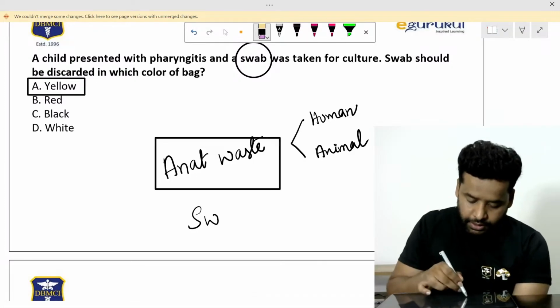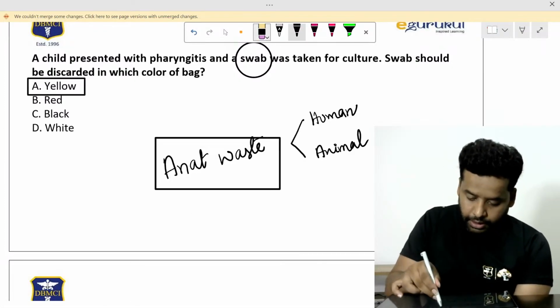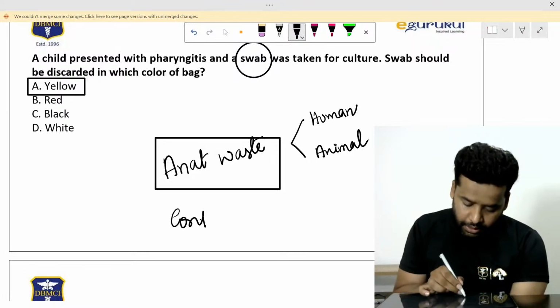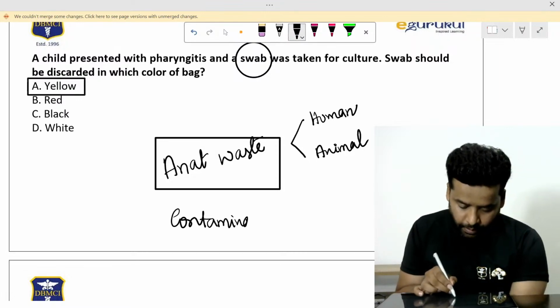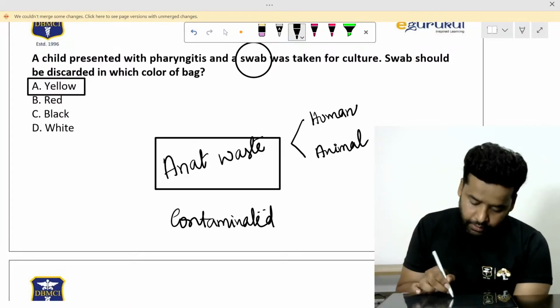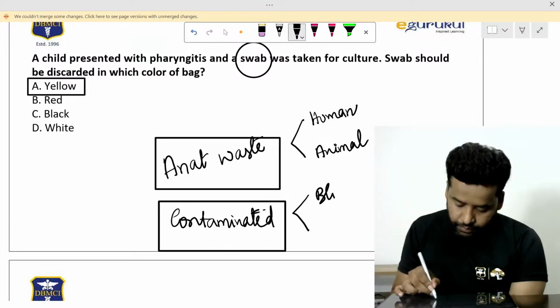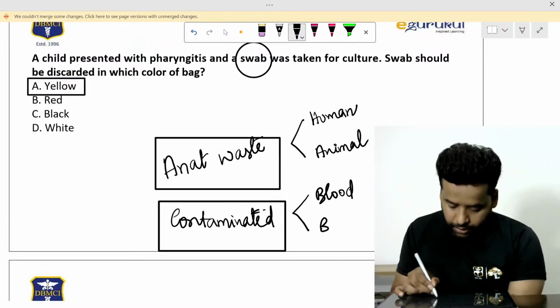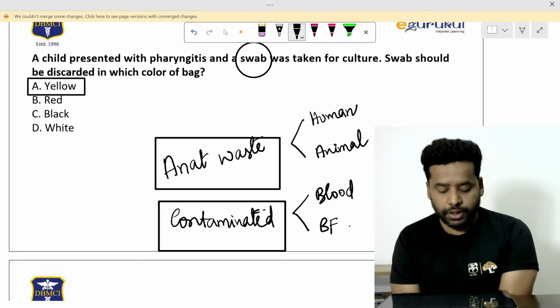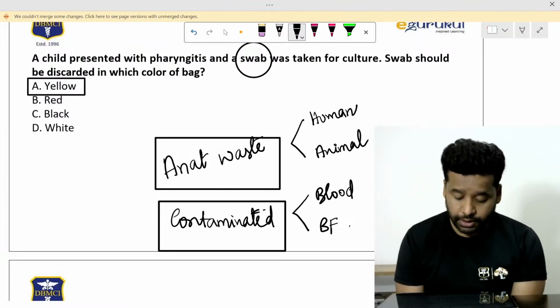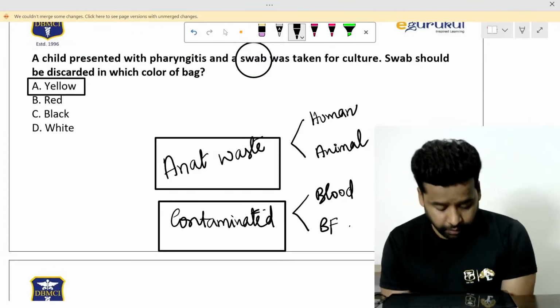Let me take the word C. C for contaminated with blood and body fluids. Cotton and cloth which is infected, contaminated with blood and body fluids.